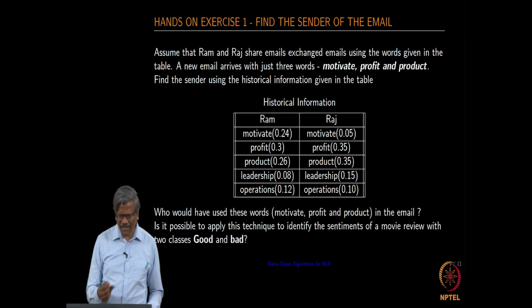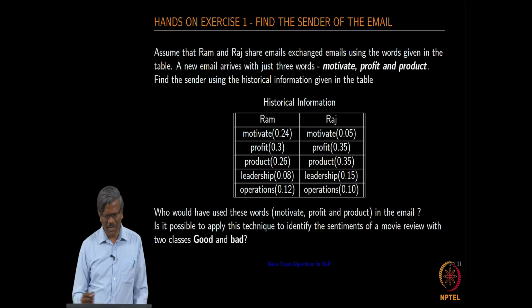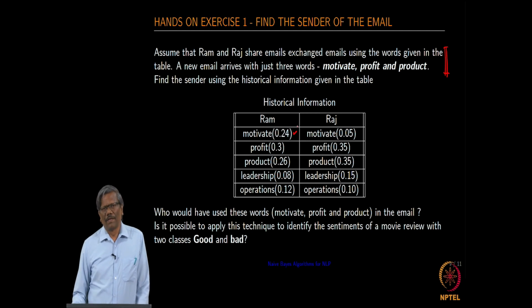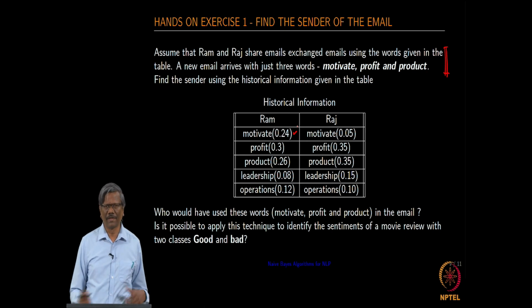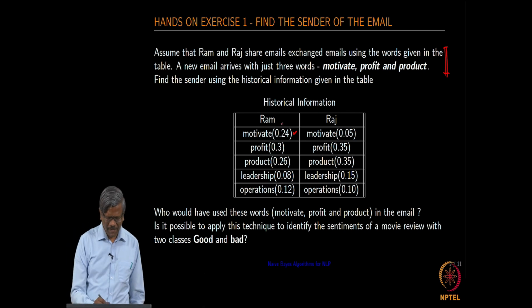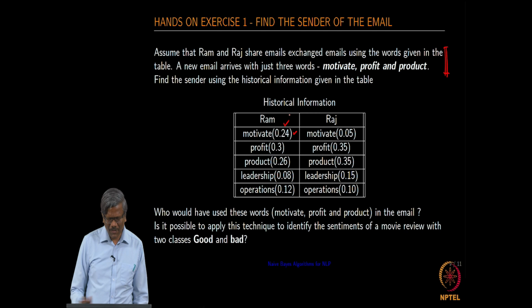So, in this next slide what I have shown is a problem. Okay. So, the problem for you, you may have to go and then either solve it by hand or use some Python programming to solve this problem, and I have given the attribute values. So, instead of you counting and computing all that, I have compressed and then reduced the work for you. I have computed some values and then provided them here, and this is the historical information that you may want to use. Again, there are only 2 classes. Okay.